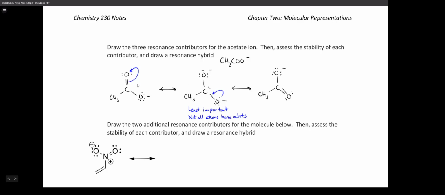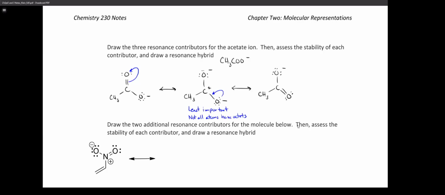What about these two? They're a tie. They are equivalent, right? That's another, I would say that's an even bigger rule. If you can get equivalent ones, that's even more important. That's really stabilizing. If you can get 2 really good and equivalent ones, that's super stabilizing.